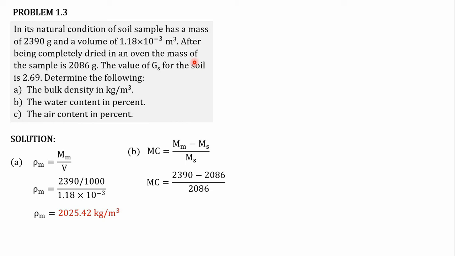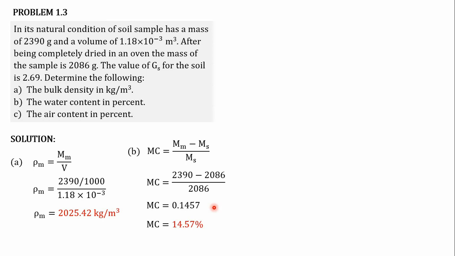Wala na yung water, kasi completely dried na siya eh. So therefore, ang equation natin is magkaganito. 2390 minus 2086 divided by 2086. So, moisture content is equivalent to 0.1457. Or, in percent, that is equivalent to 14.57%.